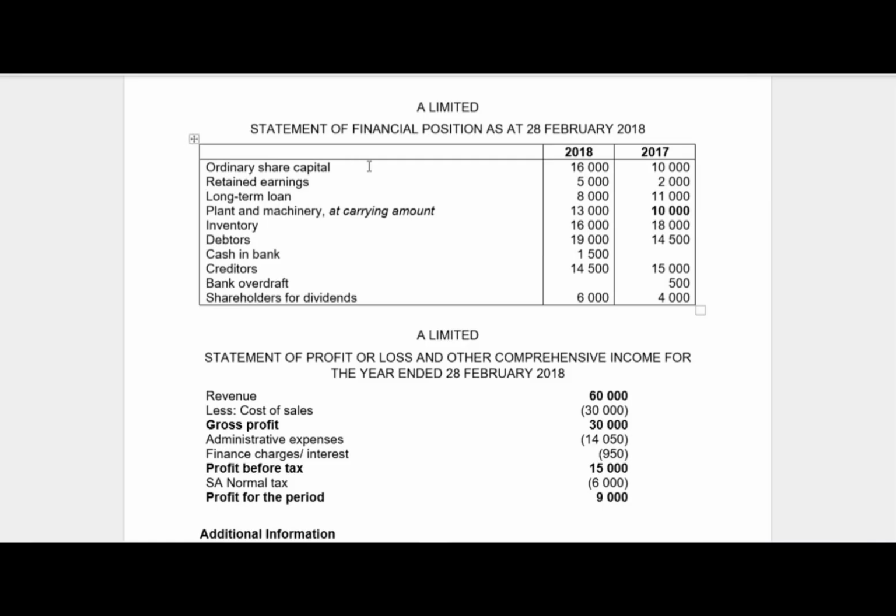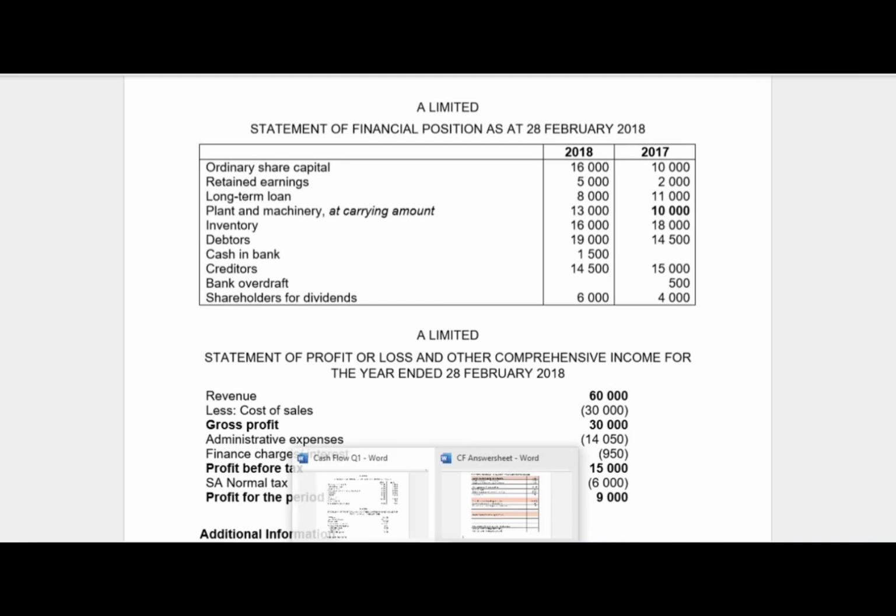Ordinary shares. Check from the previous year to the current year, is there an increase or decrease? If it's an increase, they issued the shares. If there's a decrease, they sold the shares, right? So now, this is an increase, therefore they sold the shares and they received the money. So an increase in ordinary share capital is an inflow. So we're just going to calculate the difference.